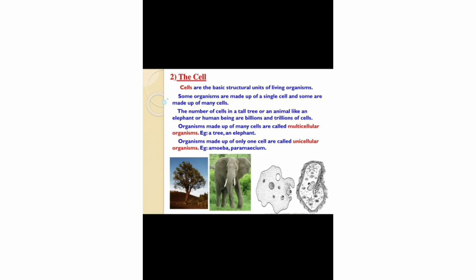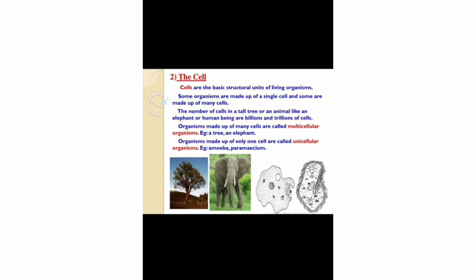Now it's time to understand what is cell. Cells are the basic structural units of living organisms. Some organisms are made up of a single cell and some are made up of many cells. The number of cells in a tall tree or an animal like an elephant or human being are billions and trillions of cells.